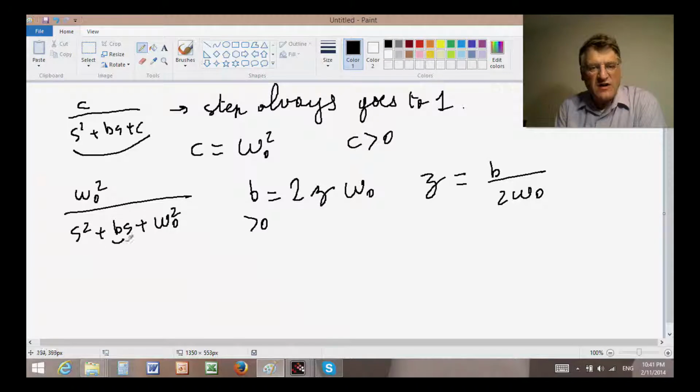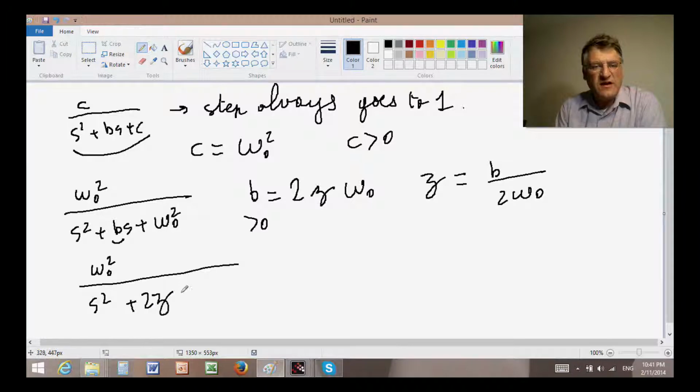As a result of choosing that notation, the transfer function now looks like omega 0 squared divided by S squared plus 2 zeta omega 0 S plus omega 0 squared.